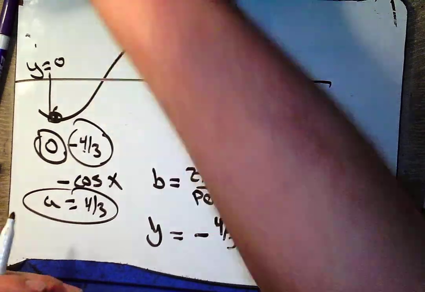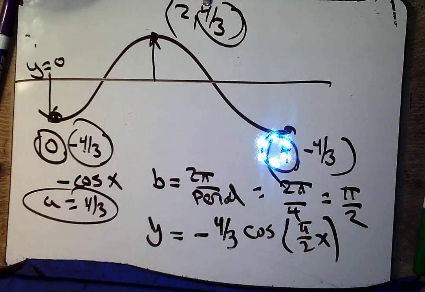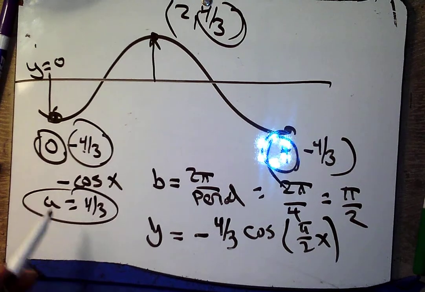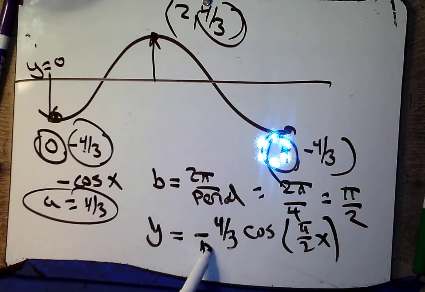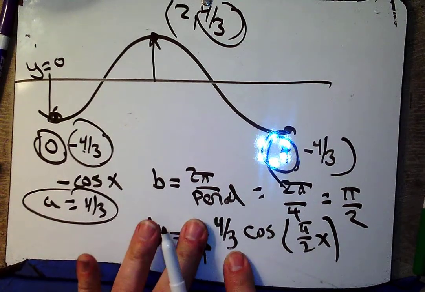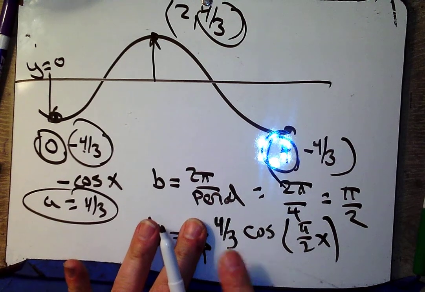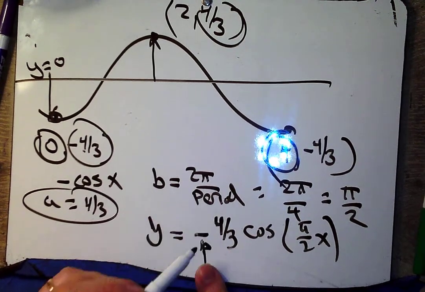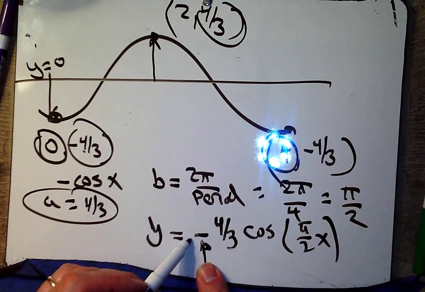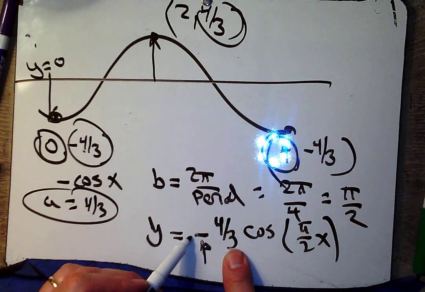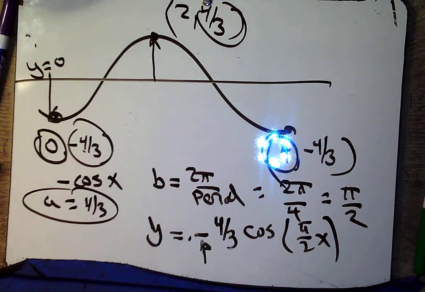Remember, amplitude is always positive. I can shove a negative in front of my function, but this number here is the amplitude. The amplitude is the 4/3. This is informing me of shape. Oh, it's a cosine that's been reflected across the x-axis. The amplitude is 4/3. Gotcha.